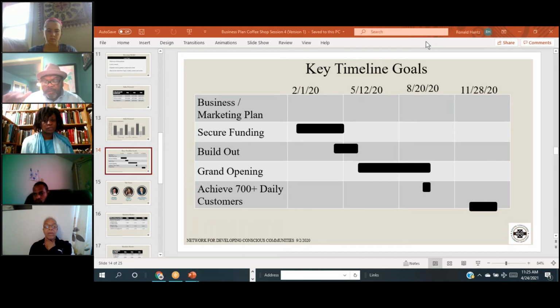That's why it's good right now, and Miss Davis will cover this in the next session, to put together a budget so that you know what your expenses are going to be that's needed to drive the revenue.